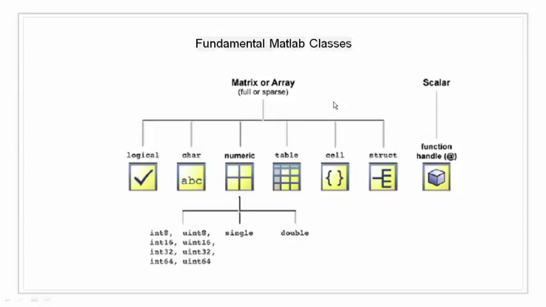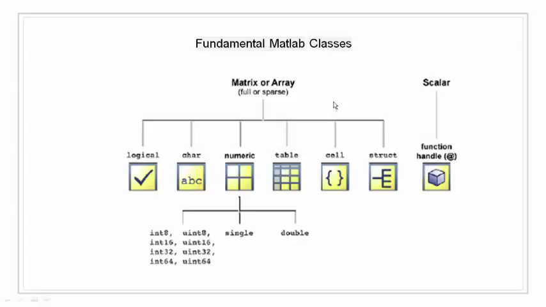So all of the fundamental classes are shown in the diagram. I will take a minute here to explain this tree. Starting from the left, we have classes of which we can make matrices and arrays. The logical class only deals with true and false states, that is, arrays of binary data.